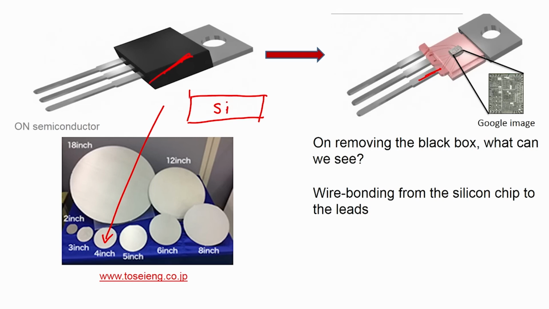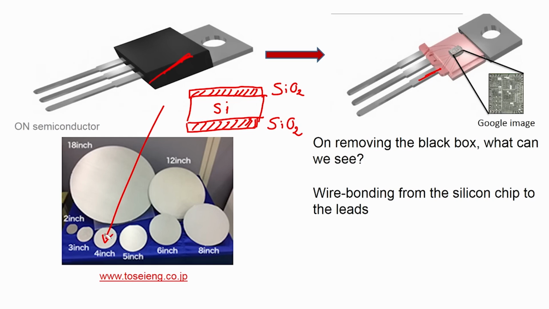If I grow silicon dioxide on this wafer, then how will this 4-inch wafer look like, that is the point.